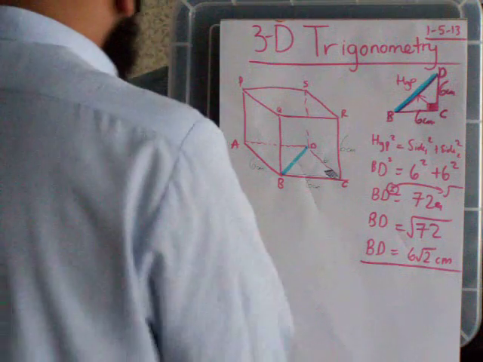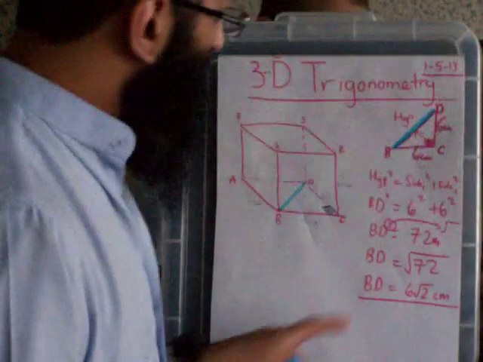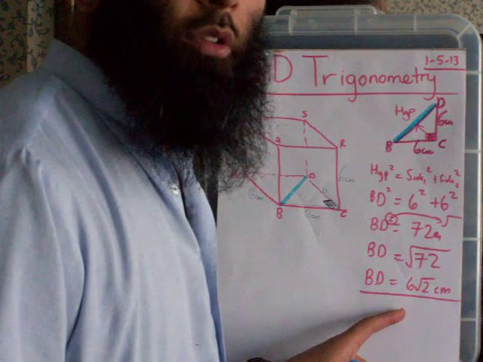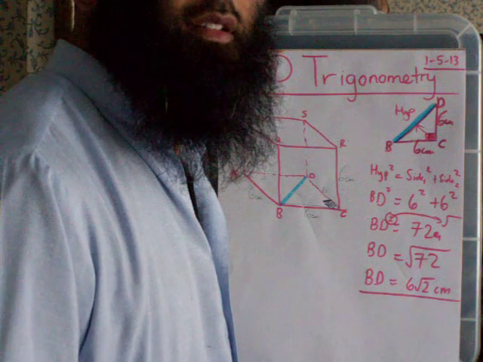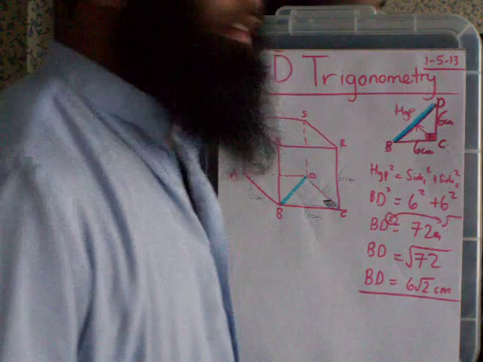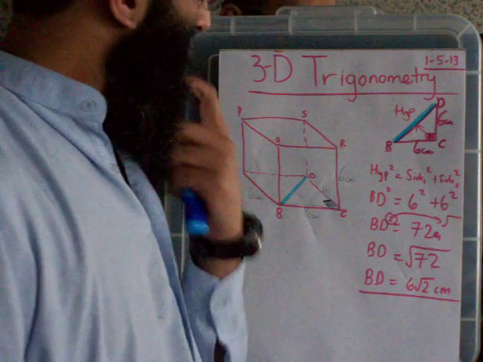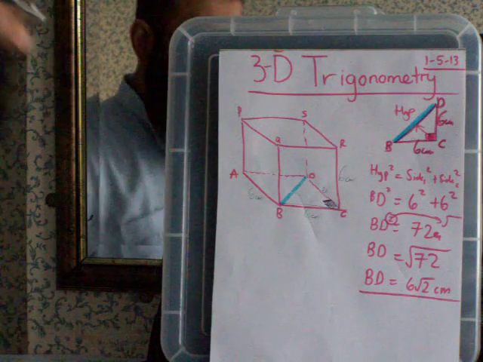Okay. So we have BD is equal to 6 root 2.